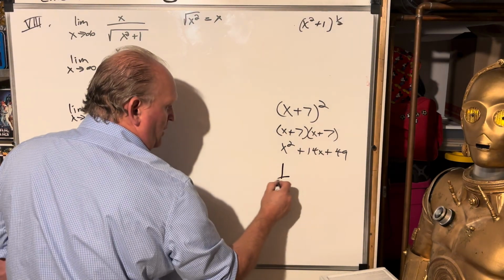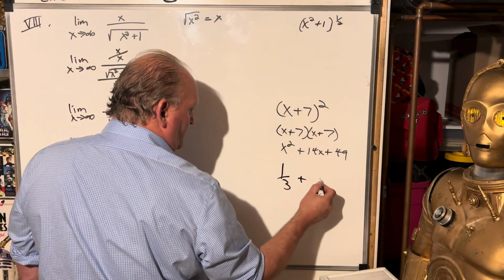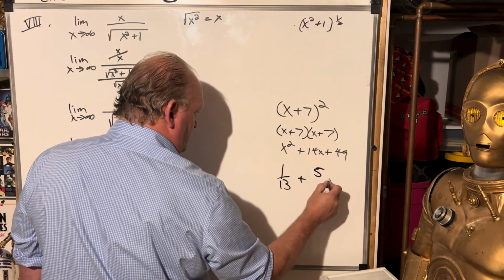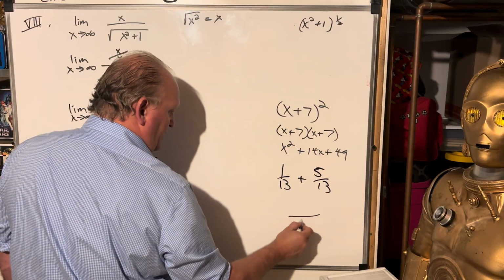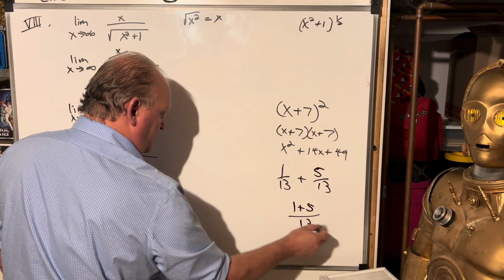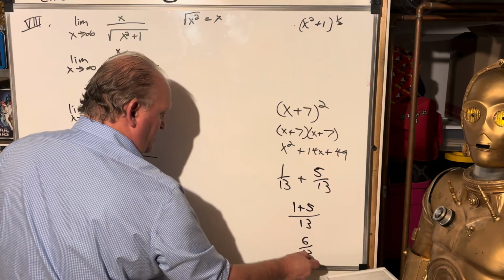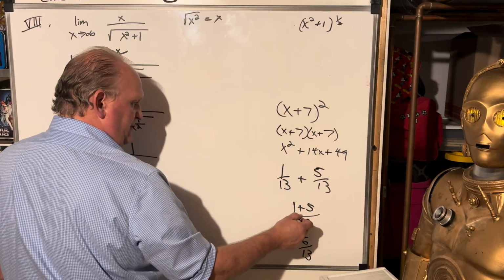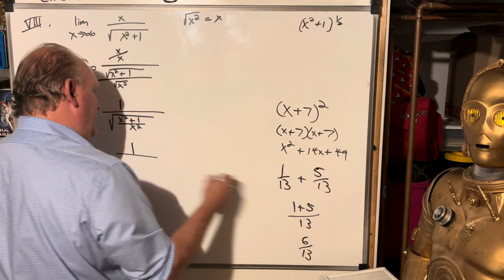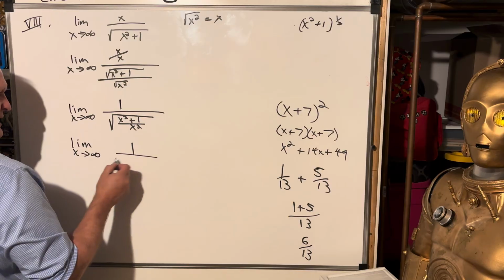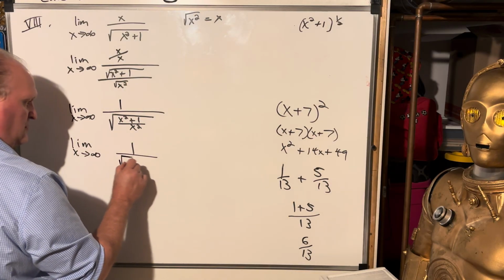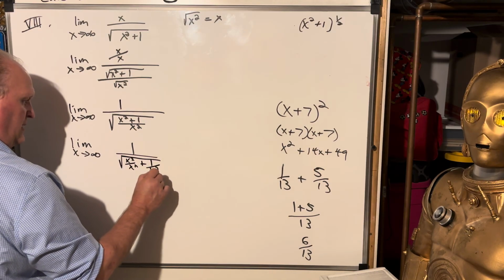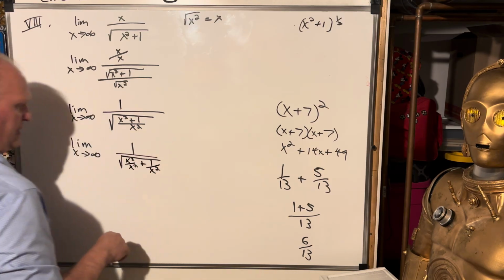You know how when we had 1/13 plus 5/13, you could say that was 1 plus 5 over 13, and then say 6/13. If this is allowed, where I can write it as two different fractions all under the same roof, I could also go the other way, from there to there. That's what I'm going to do. So this is the square root of x squared over x squared plus 1 over x squared. I just separated them out.